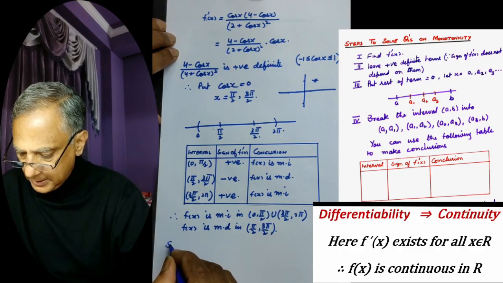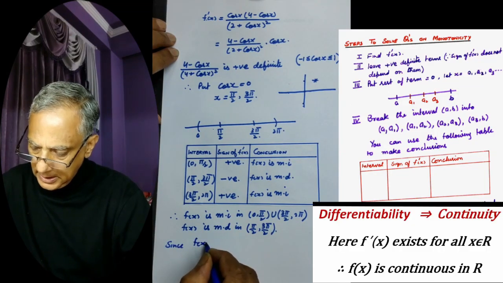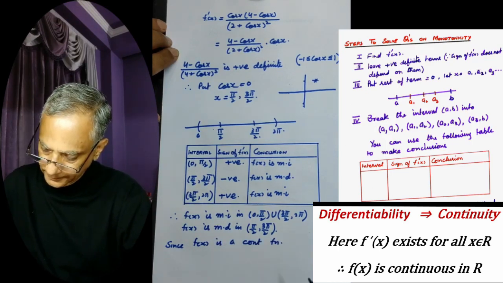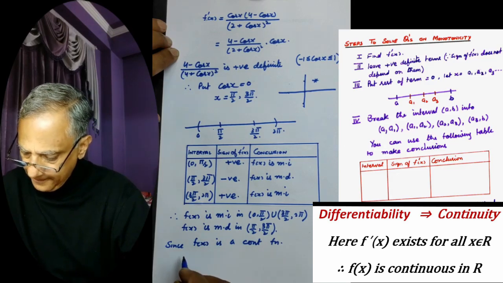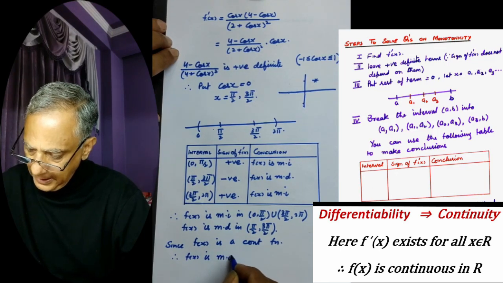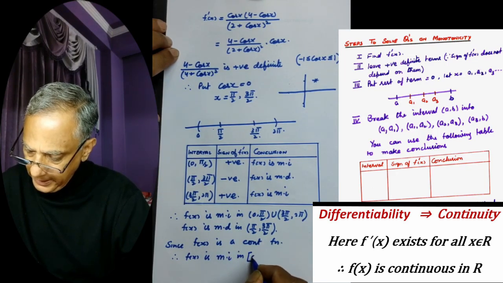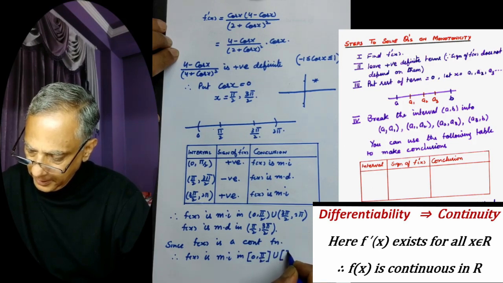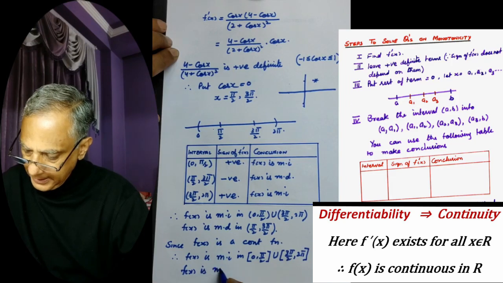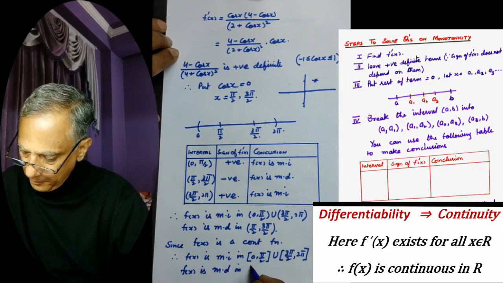And since f(x) is a continuous function, f(x) is monotonically increasing in 0 to pi by 2 union 3 pi by 2 to 2 pi, and monotonically decreasing in pi by 2 to 3 pi by 2.